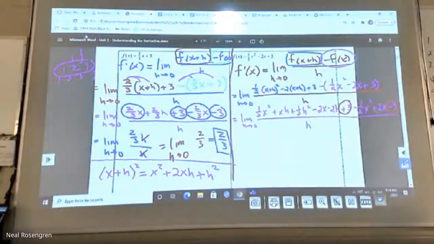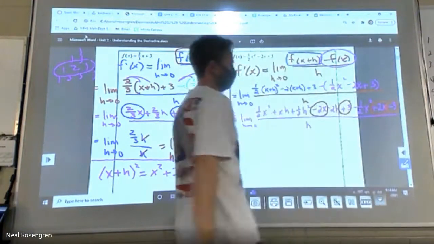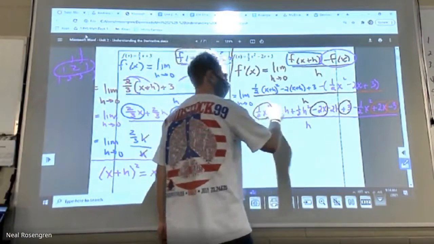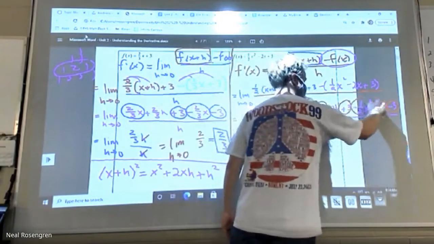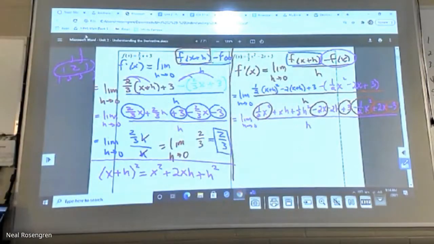Those are gone. What else? 2x's, good. We have a positive 2x and a negative 2x, so those are gone. Beautiful. 1/2 x squared and negative 1/2 x squared.